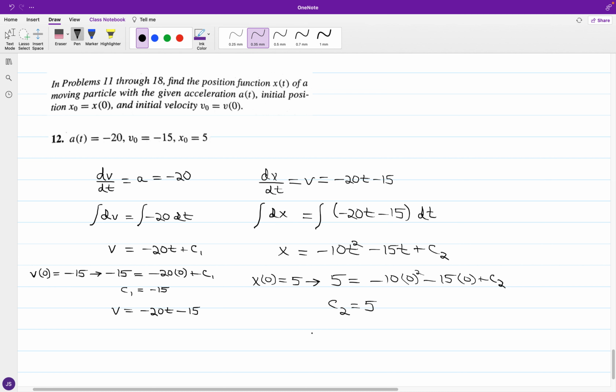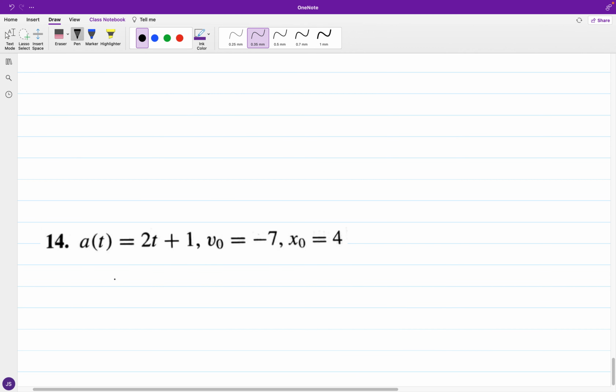And once again, we're going to have for x at any time t with the given conditions, this equal to negative 10t squared minus 15t plus 5, and that will be the resulting x of t.